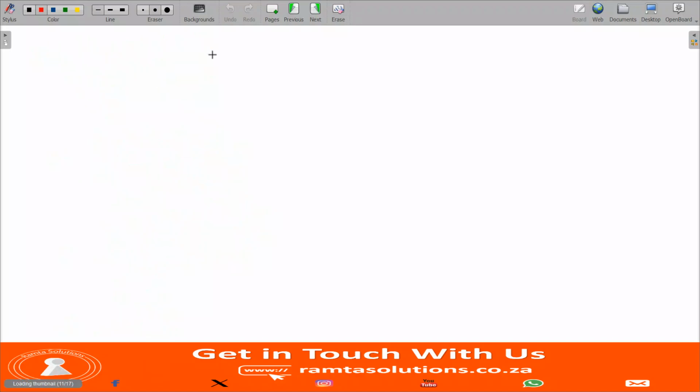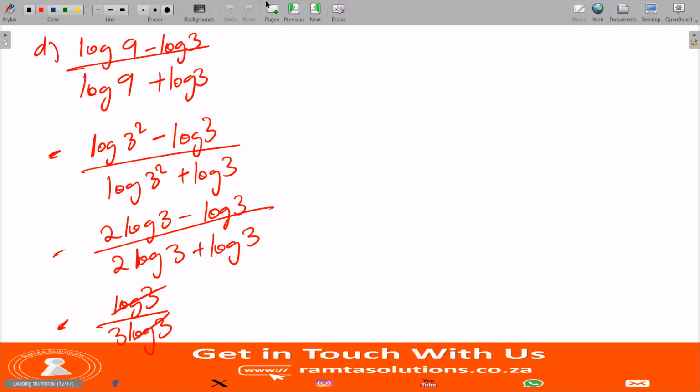Our answer is simply 1 over 3. You can also do it using different rules, for example, perhaps using rule 1 and rule 2. It will still give you the same answer.